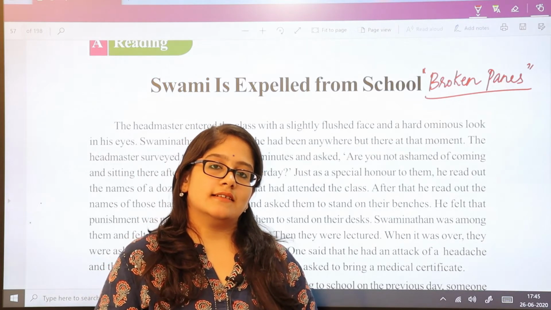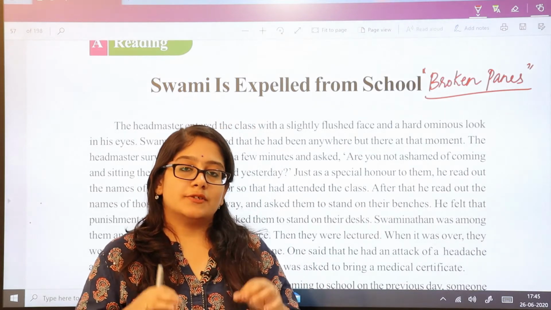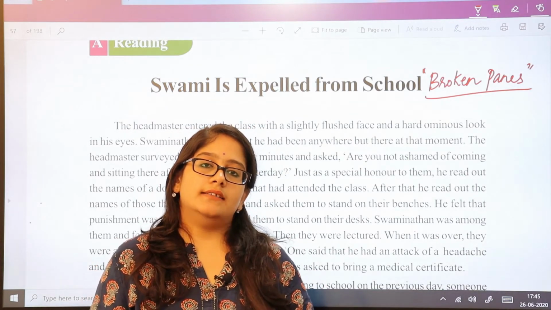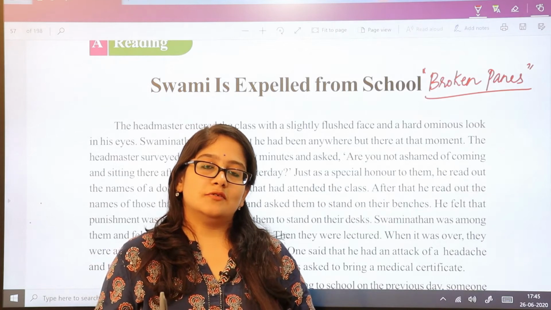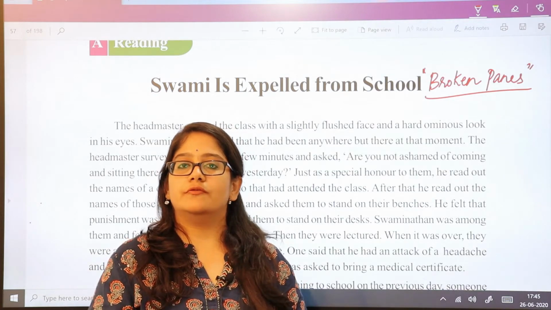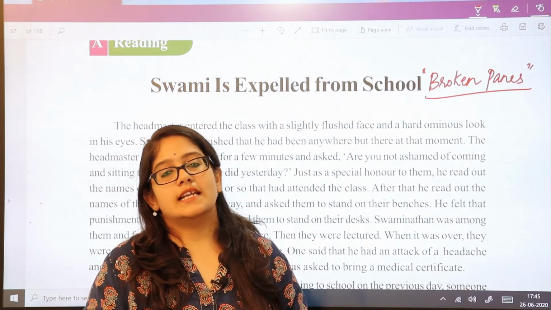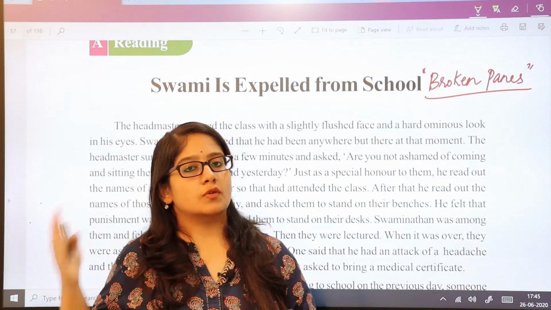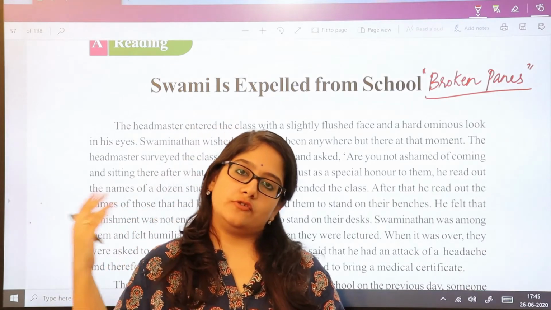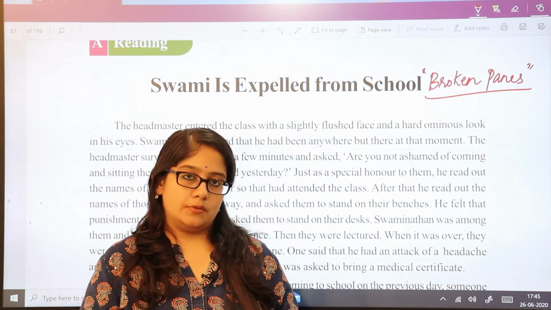These lines show that he has realized his self-worth and he no longer chooses to be a victim of domination. So he says these words and he walks out. He leaves the school, Albert Mission School, and goes to join the Board High School.